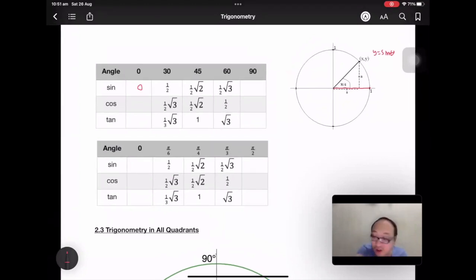But cos 0 is x, so the whole thing, 1. And sin 90 is the maximum of y, so this is 1. And cos 90 has no x direction, so this is 0.